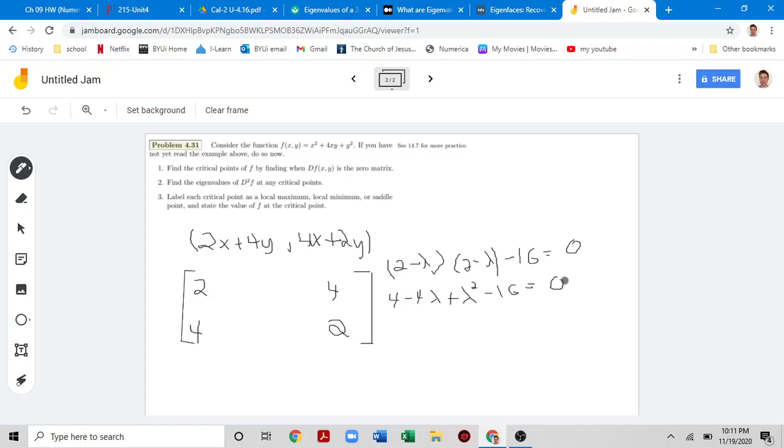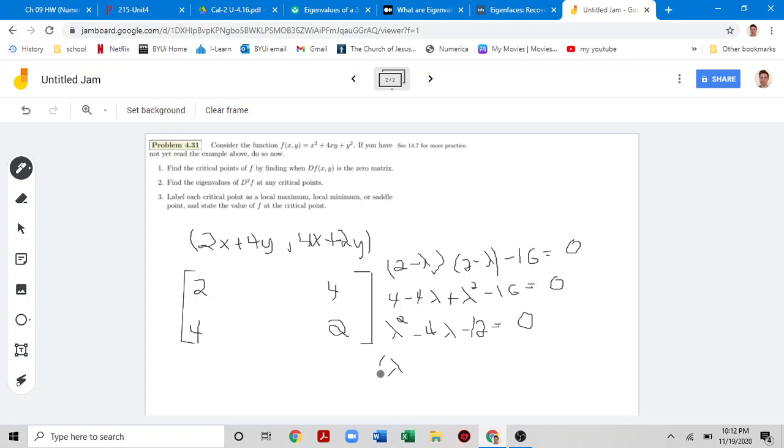And what I'm going to do is reorder it to make it look a lot nicer so the lambda squared is in front, and also simplify the 4 and the 16. So this is going to be lambda squared minus 4 lambda, and that minus 12 equals 0. So now let's factor this out real quick.